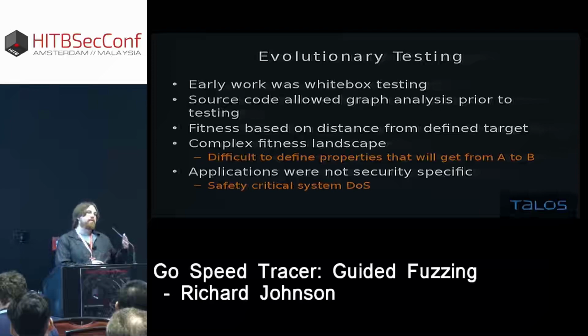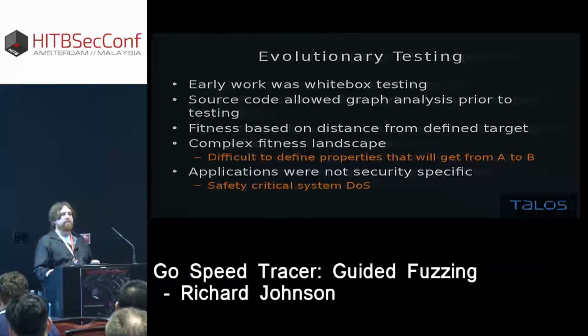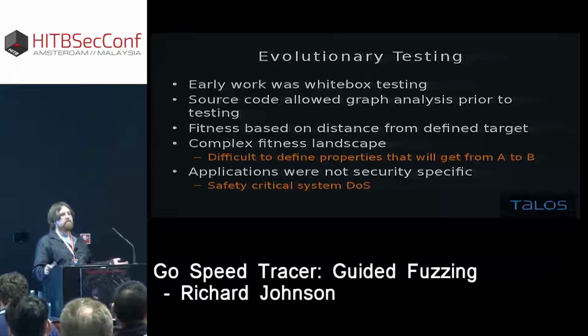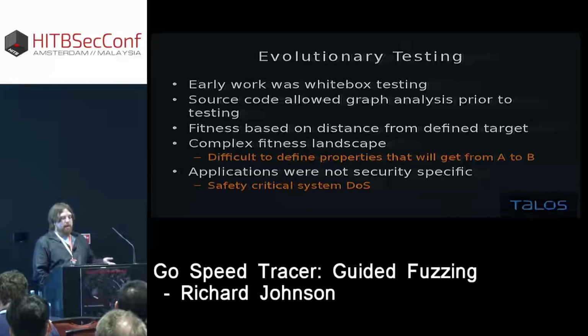And so then they would use evolutionary testing to get from point A to point B. You can apply this in binaries, it's just more difficult. So there isn't really a good framework for direct application of those tools. And of course, none of them were ever made open source or discussed as far as the internal designs. But they were applied and effectively used for preventing denial of service and that sort of thing in critical systems.